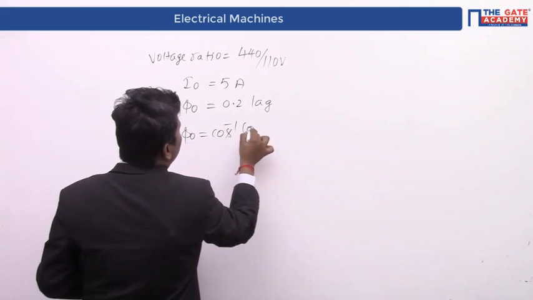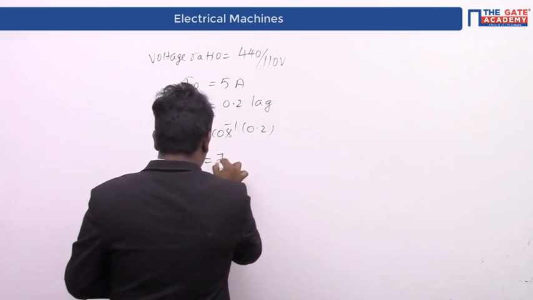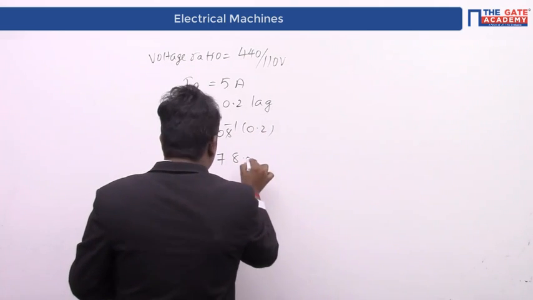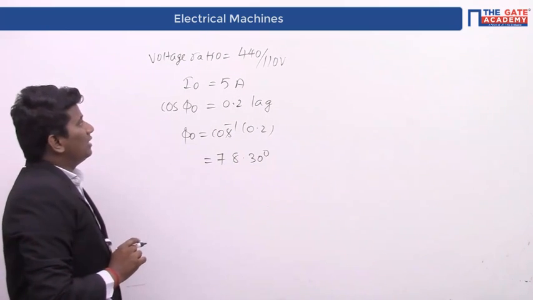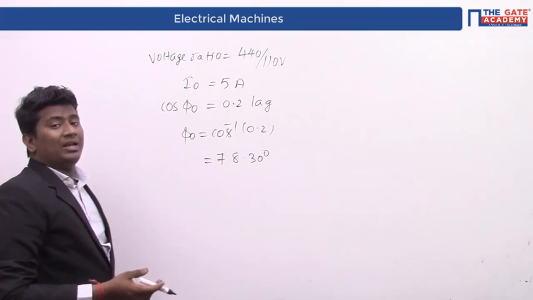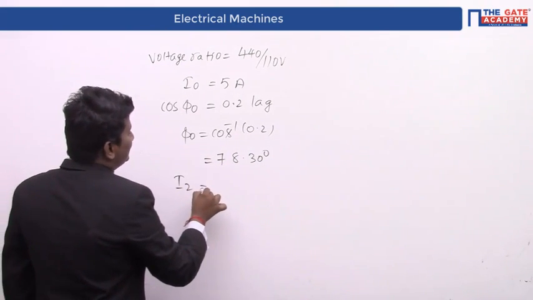Cos inverse of 0.2. What is that angle? Cos inverse of 0.2 is nothing but 78.30 degrees.